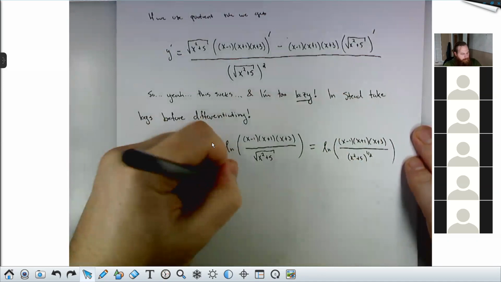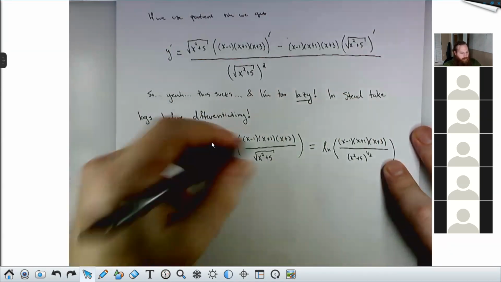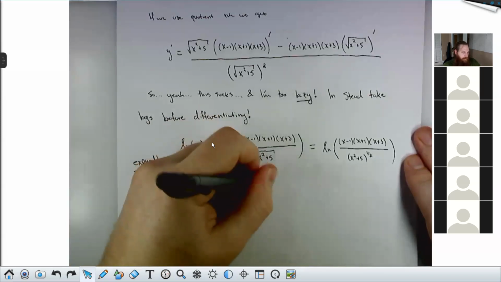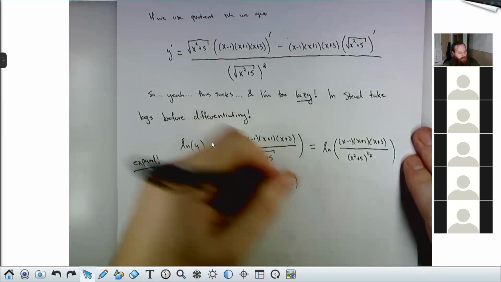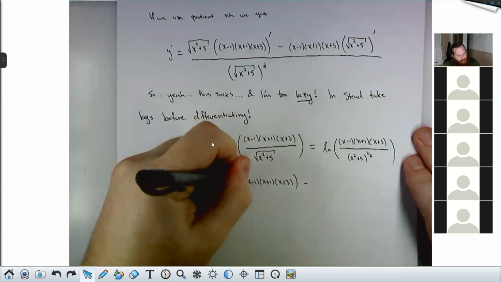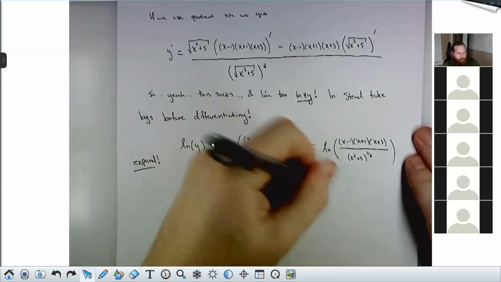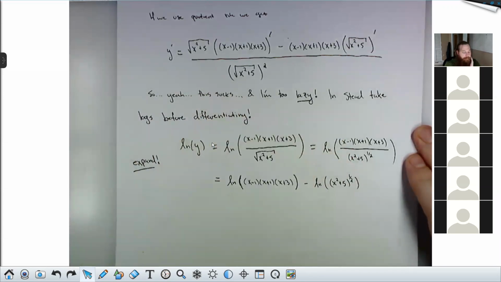So my first step, I have the natural log of a big fraction. So that is the natural log of the top minus the natural log of the bottom. I've already undone the need for the quotient rule.